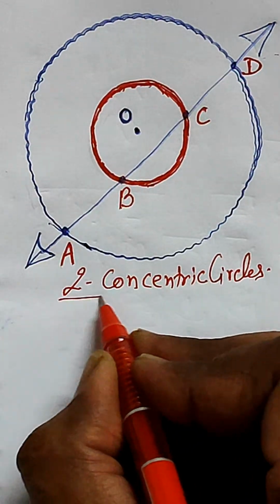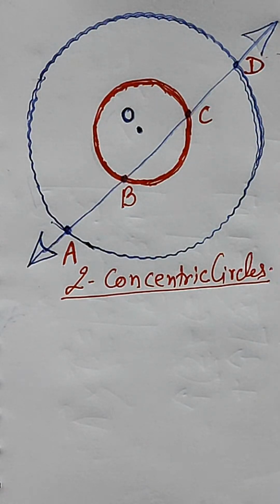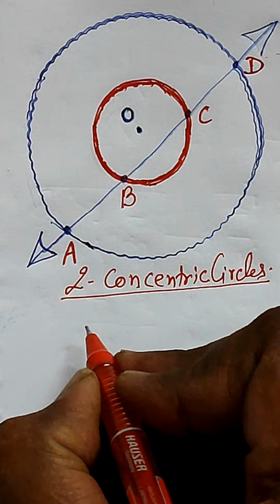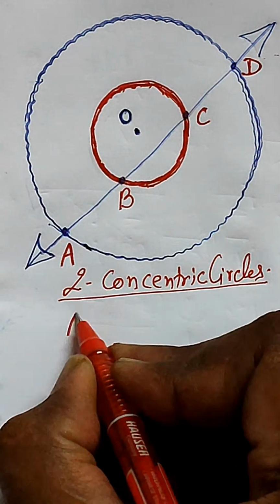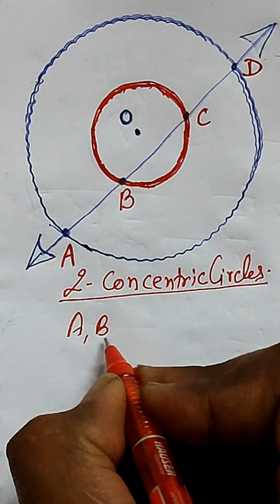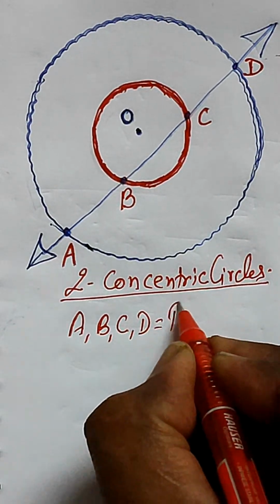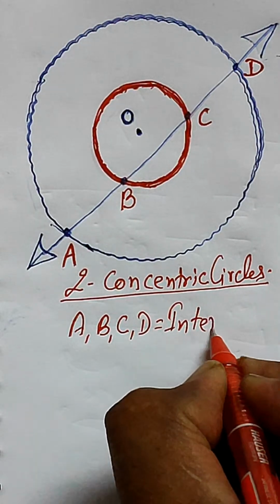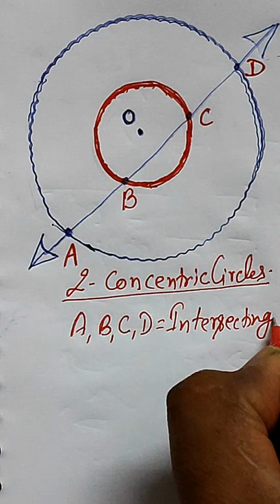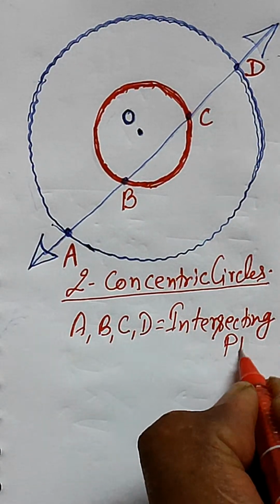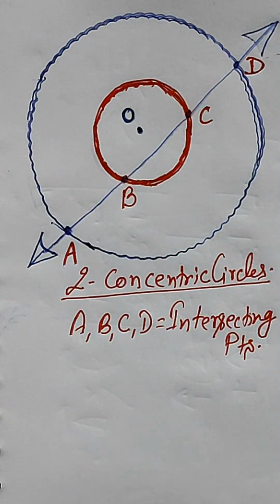This is the first data given. The second data given to you is that the intersecting points are A, B, C, and D.